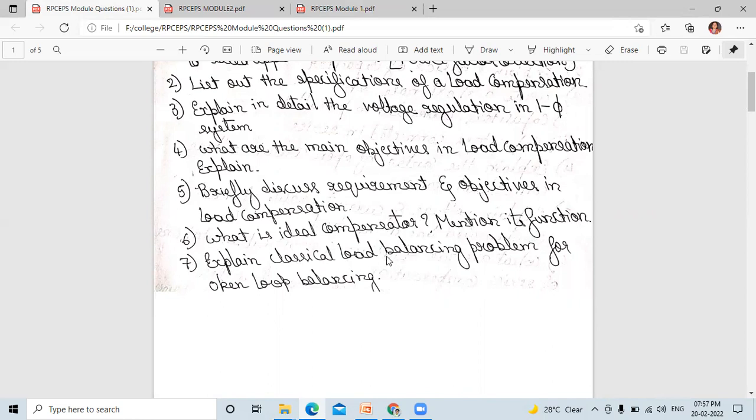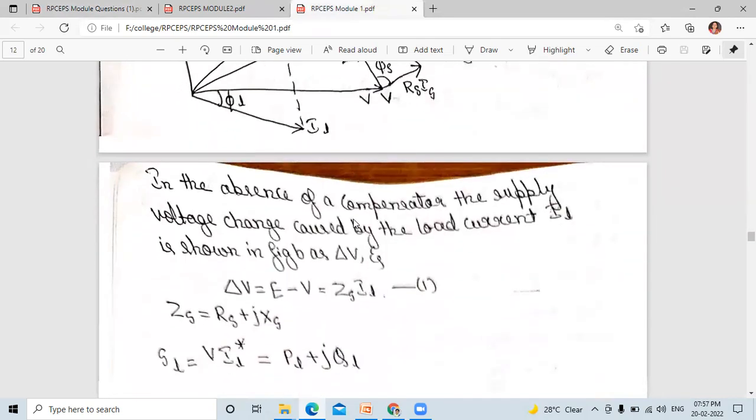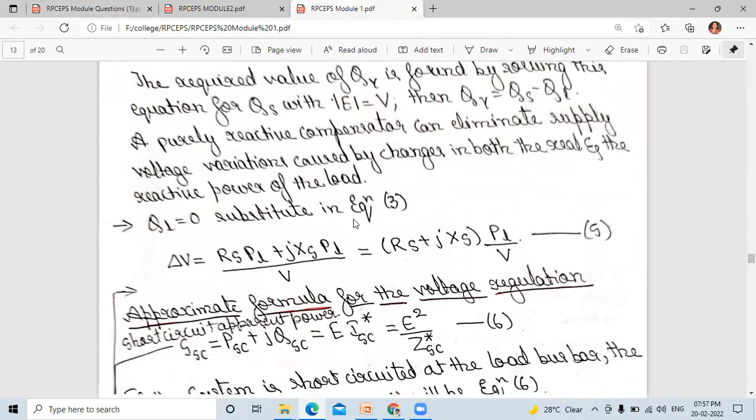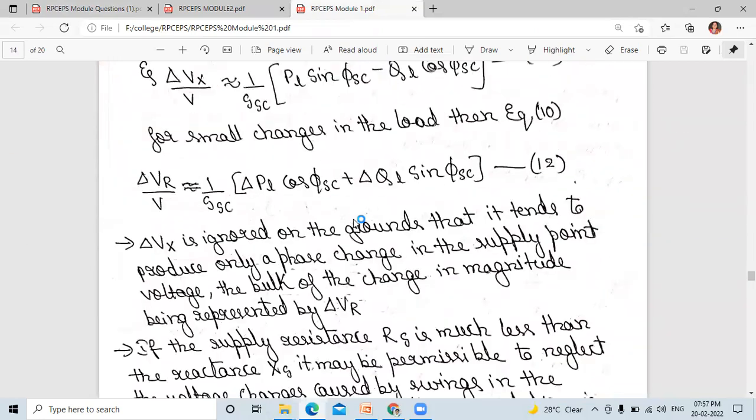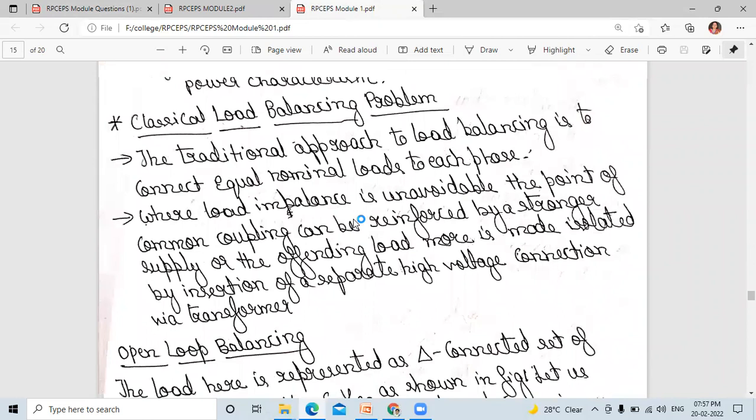Explain classical load balancing problem for open loop balancing. This is the last topic of the first model, classical load balancing.